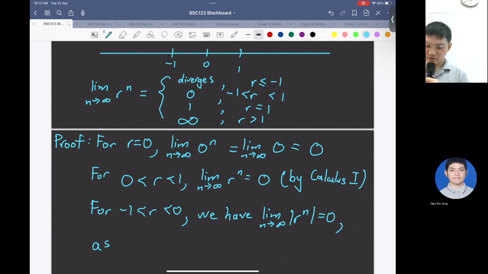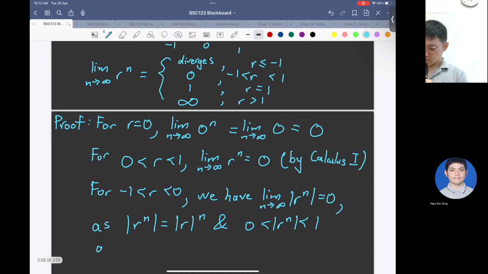But here there's another extra thing you need to consider. The absolute value of r^n equals the absolute value of r to the power n. We know that this is true, and we also know that the absolute value of r is in between 0 and 1.